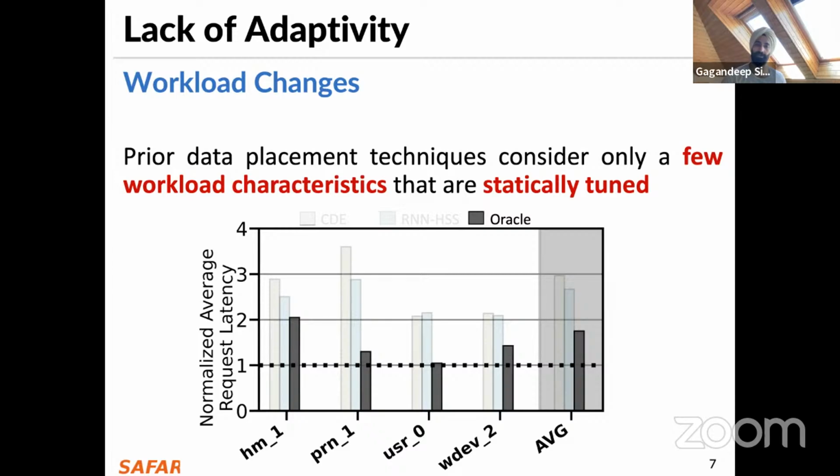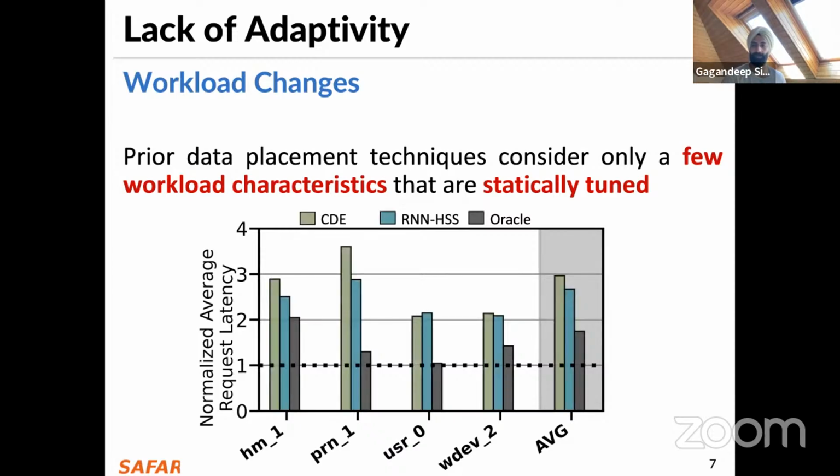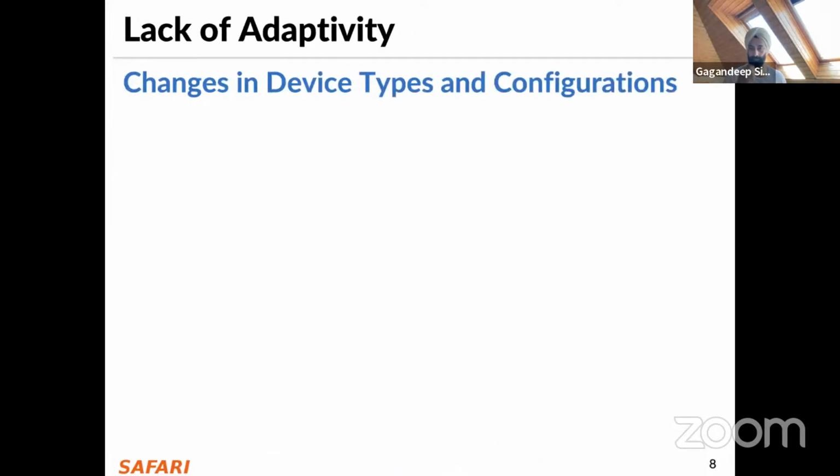So the lower the latency, the better it is. And we observe that all of the baselines provide reasonable performance under specific workloads, while for others, they show much lower performance than Oracle. And on average, we observe a performance loss of up to 41.1% compared to Oracle. We conclude that because we don't really take into account all the characteristics of workloads, we have this performance gap.